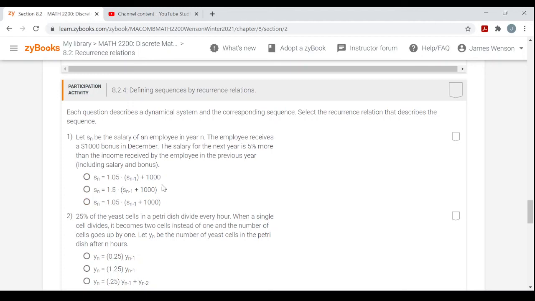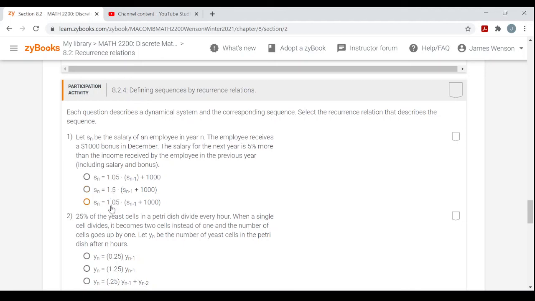So let's see what this first rule says. Sn, so the salary in year n, is 1.05, 105% of the salary in year n minus 1. So this is 5% more than the previous year's salary, and then they add the bonus. That is not what's described here. This is 150%, so no way. They said 5% more, not 50% more.